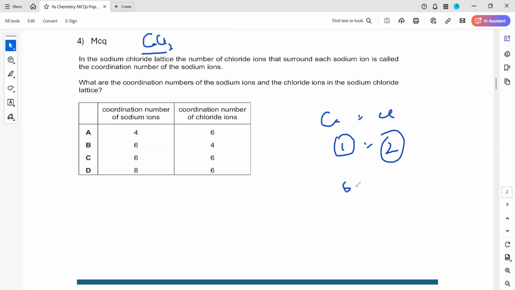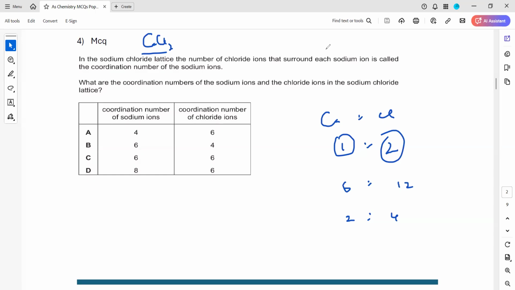So if there were 6 calcium ions, how many chloride ions should be there? 12 chloride ions. Or if there are, say, 4 chloride ions, how many calcium ions should be there? 2 calcium. The coordination number should match the ratio of the formula, because in calcium chloride the ratio of the formula is 1:2. So the ratio of the coordination number should also match.